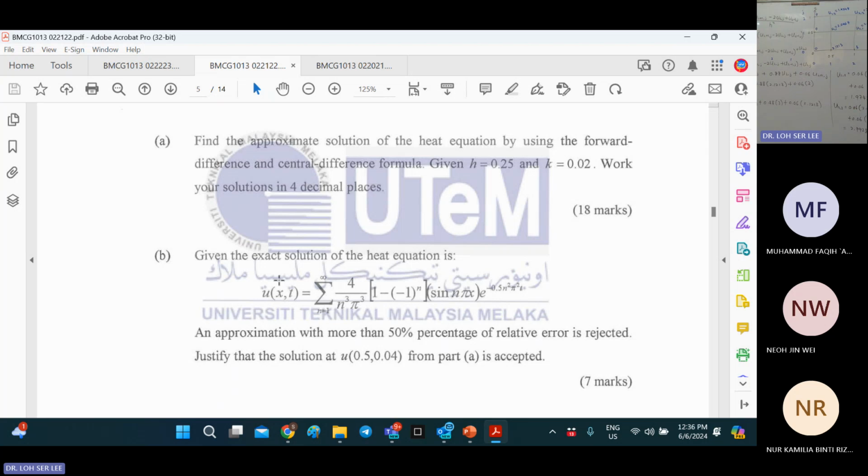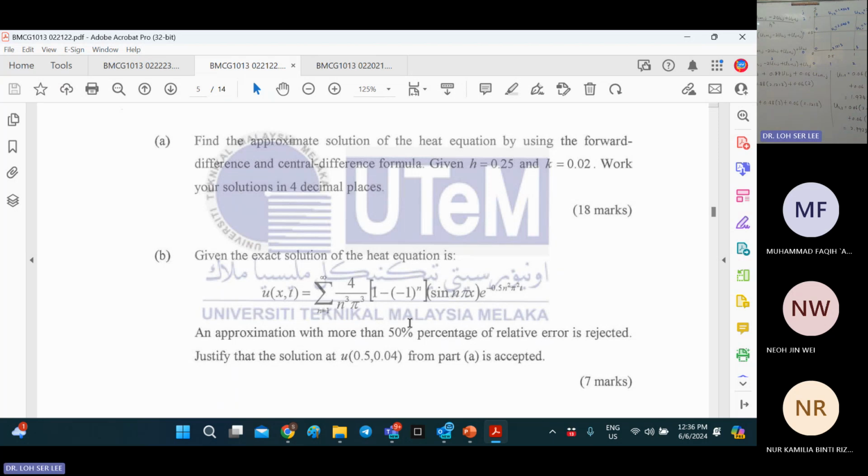Since this is the solution, substitute x by 0.5, t by 0.04 into this, using a number of non-zero terms. Then you will get an exact solution, and from the exact solution, compare with your approximated solution and find the relative error.